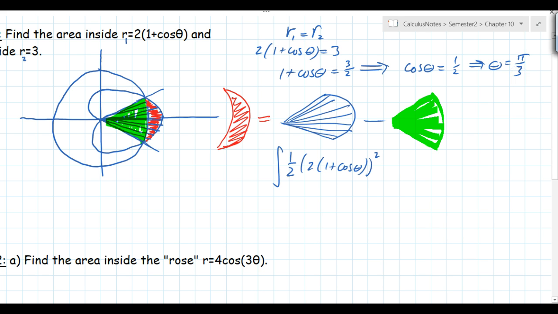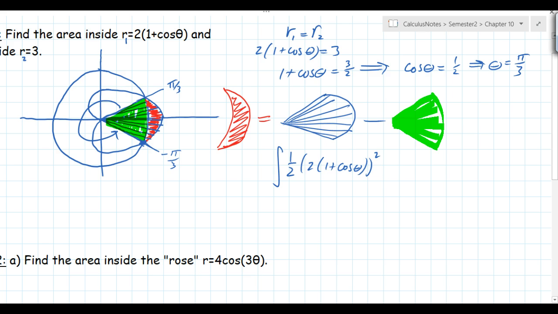Okay? So that is this one. This is pi over 3. Okay? And so we have two intersections. What would this one down here be? Negative pi over 3. Some of you might say that that is 5 pi over 3, which is correct. That is also 5 pi over 3, but when we're filling in the area, we're not going around the long way.